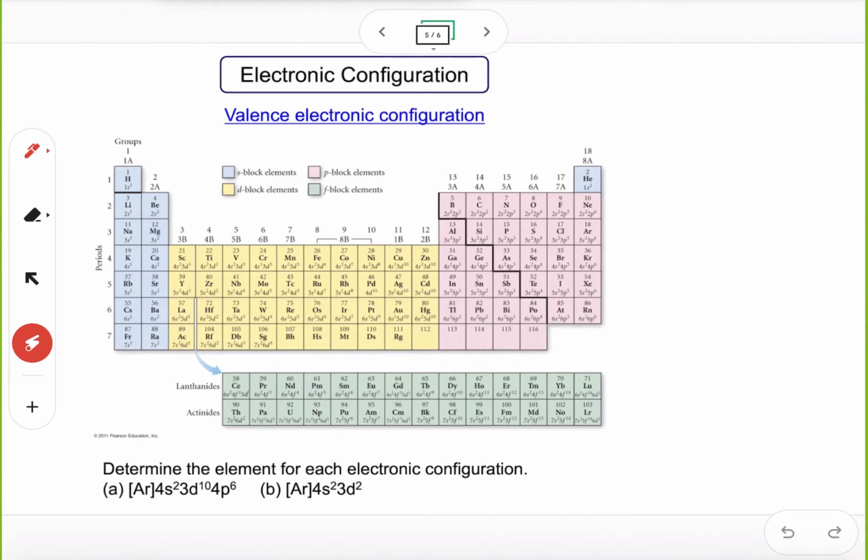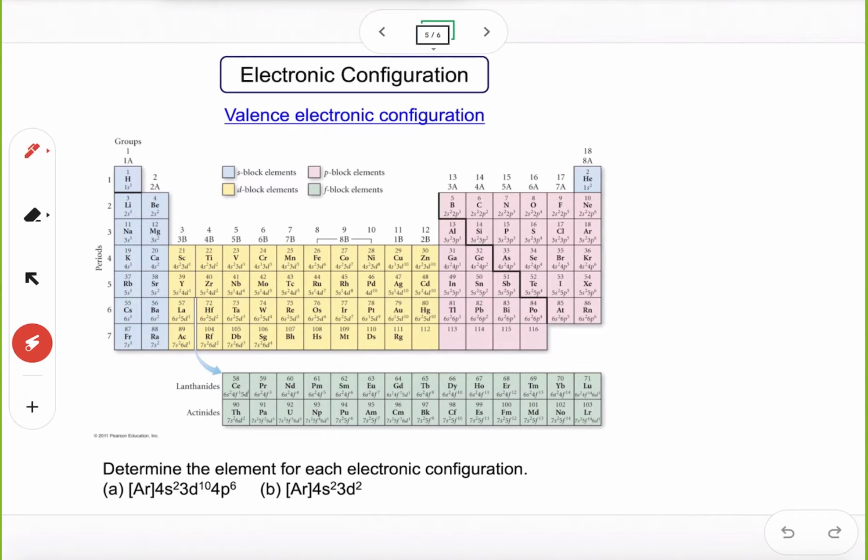When you look at this electronic configuration, it's argon 4s2, 3d10, and 4p6. At first look, it would be a little bit confusing, but if you know that the identity of those elements is defined by the number of protons, then it would be easier.